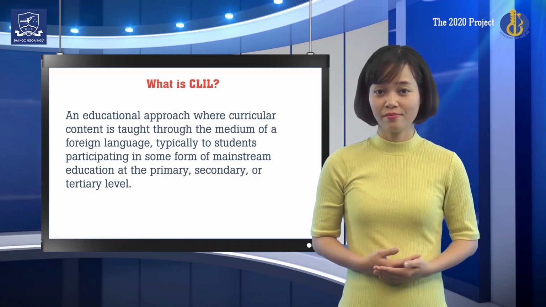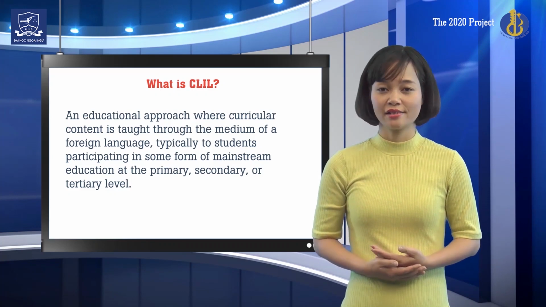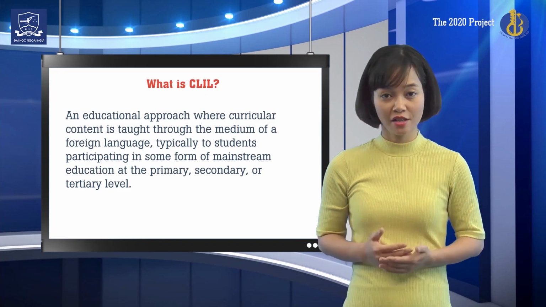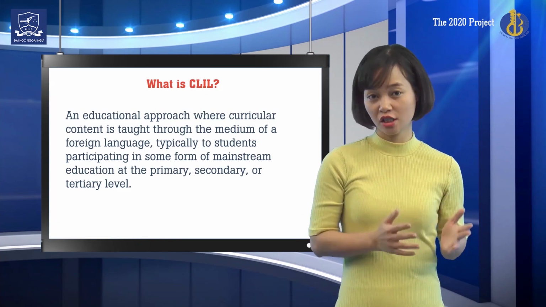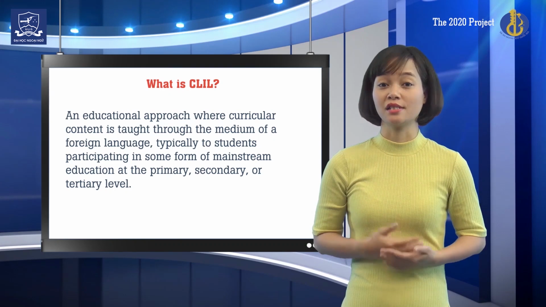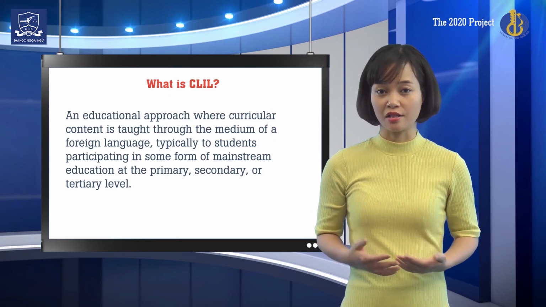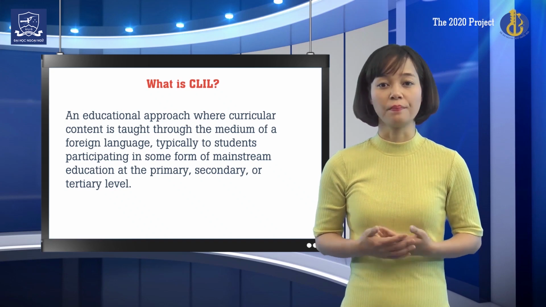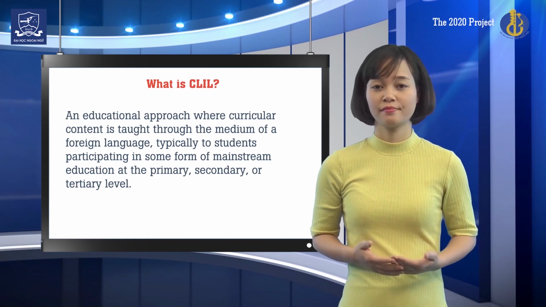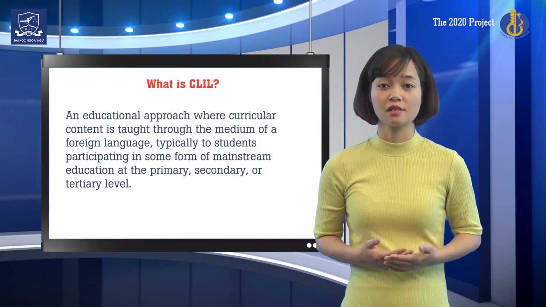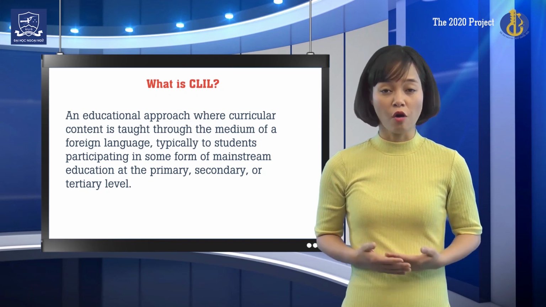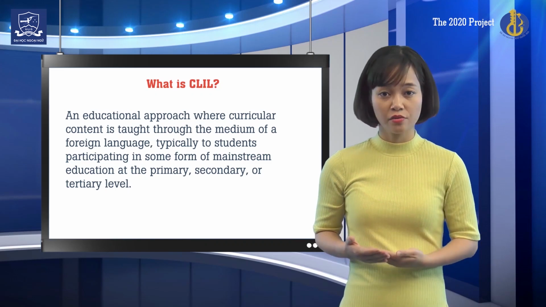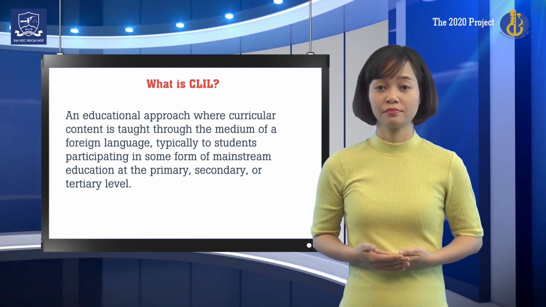As you can see, CLIL is widely advertised as a dual-focused approach that gives equal attention to language and content. CLIL could be described as an educational approach, where curricular content is taught through the medium of a foreign language, typically to some students participating in some form of mainstream education at the primary, secondary, or tertiary level.